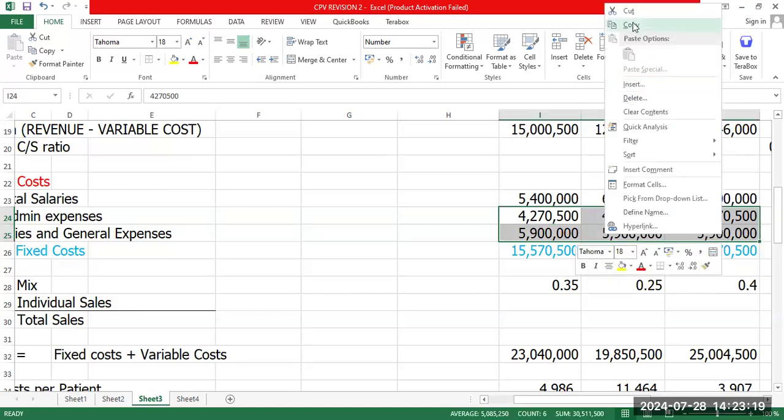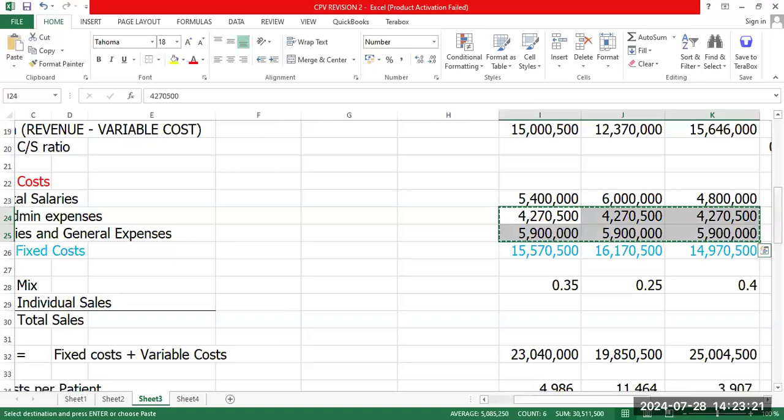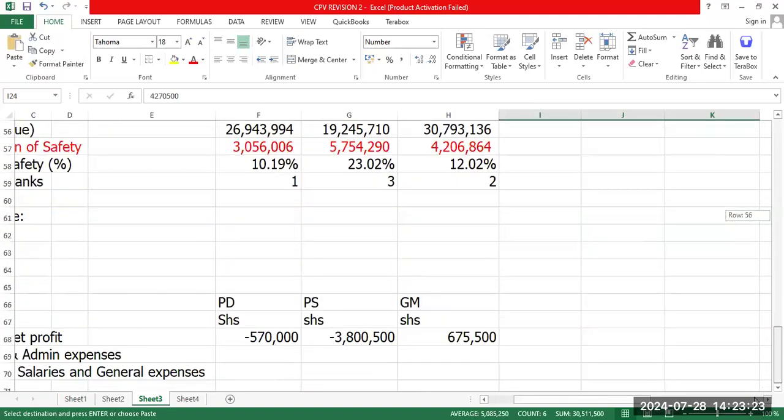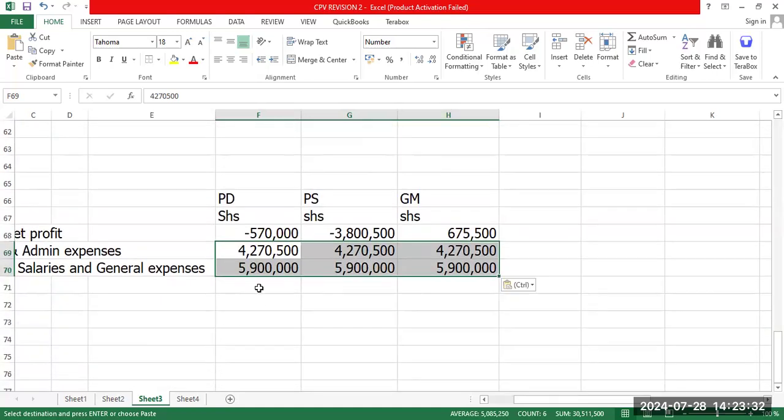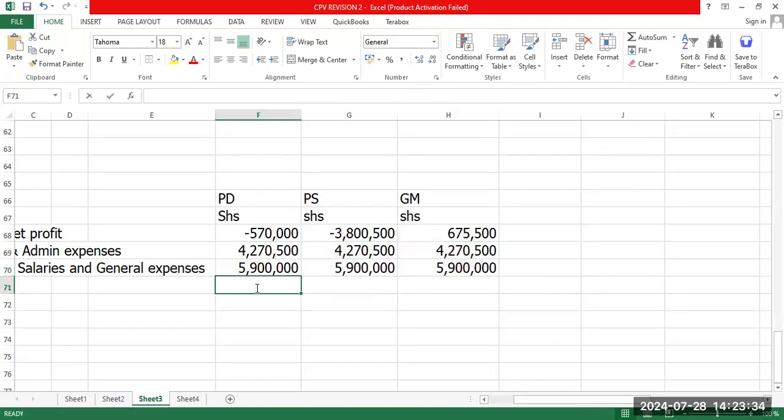I copy this, then I add them back here. The answer you get here, if you get this plus this plus this, is net profit without these two items.